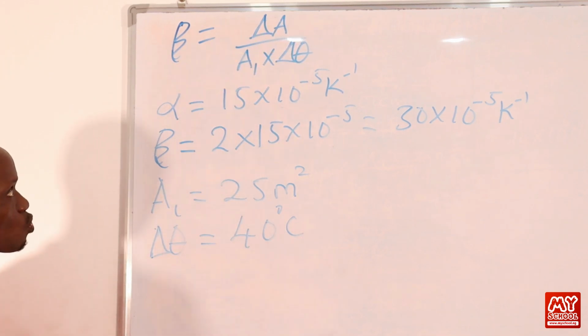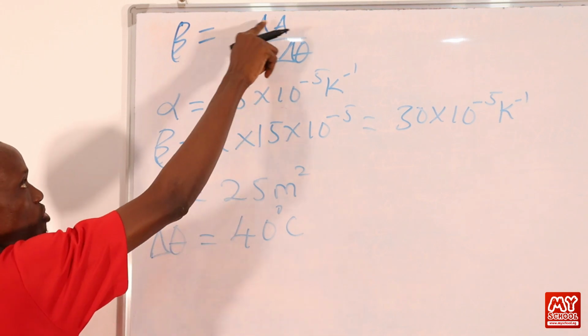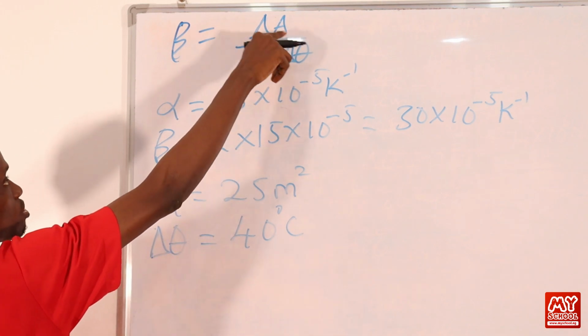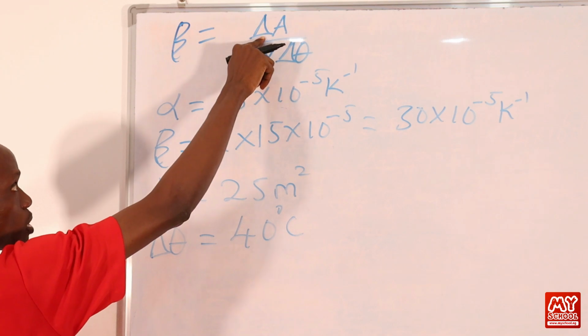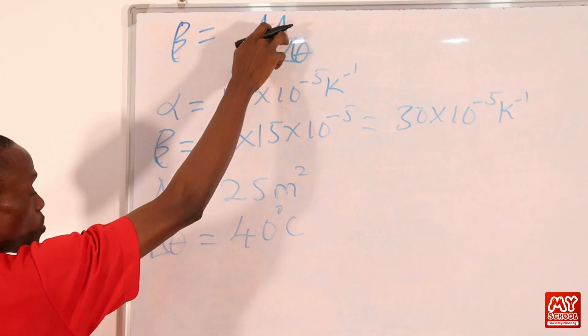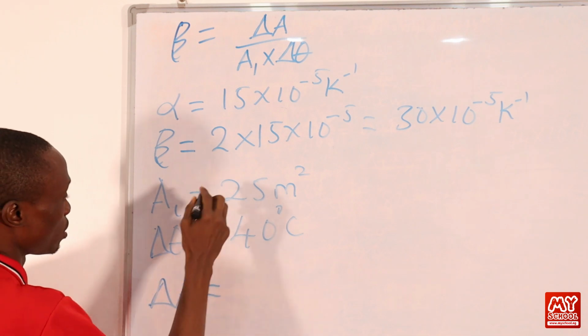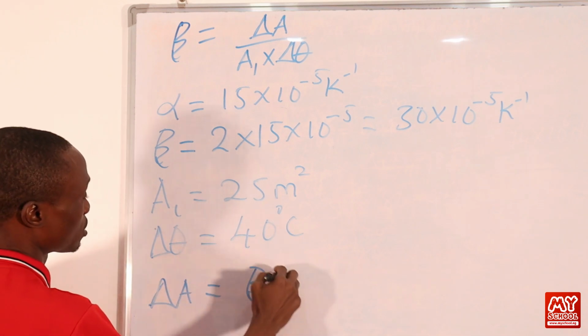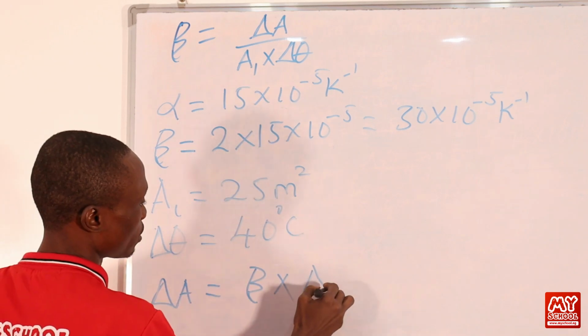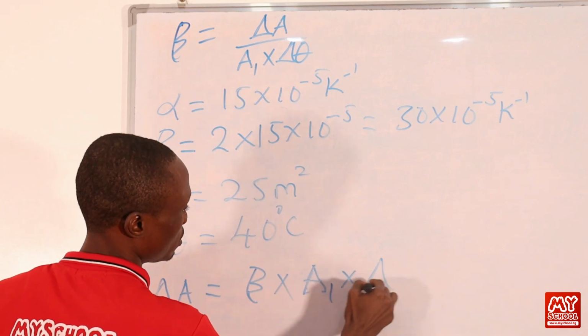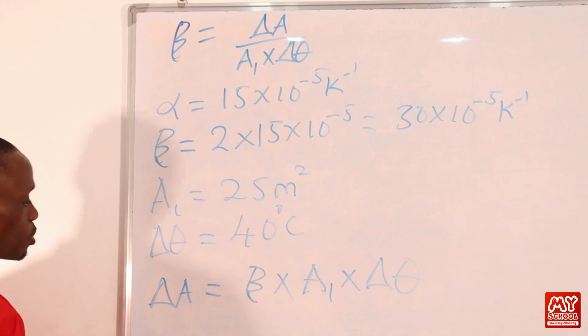Now that we have our parameters, we just fix them into the formula and get our answer. Remember, in this question we are asked to calculate the increase in area. So we just make the increase in area in this formula the subject of the formula. In that case, increase in area will be equal to beta times A1, then times the temperature rise.